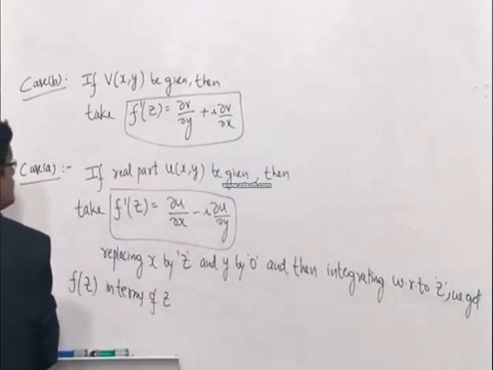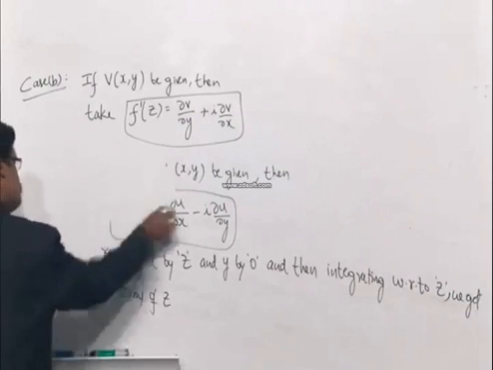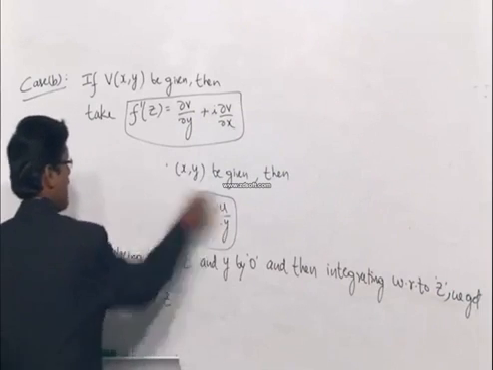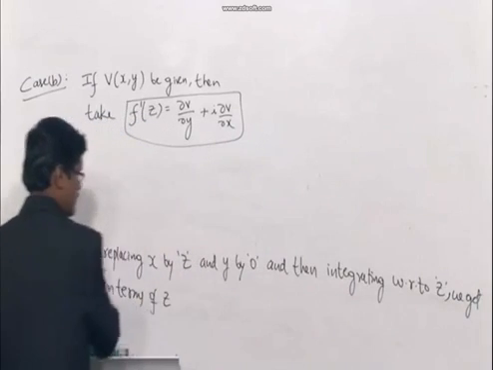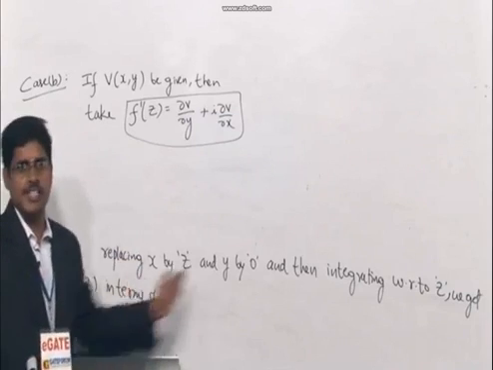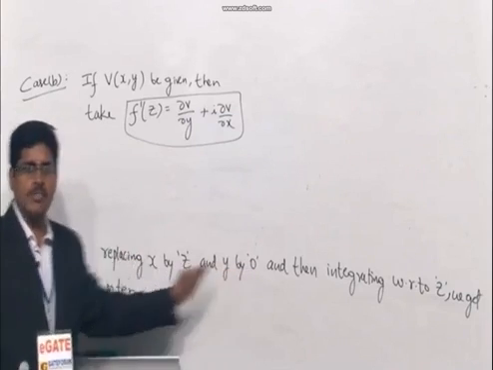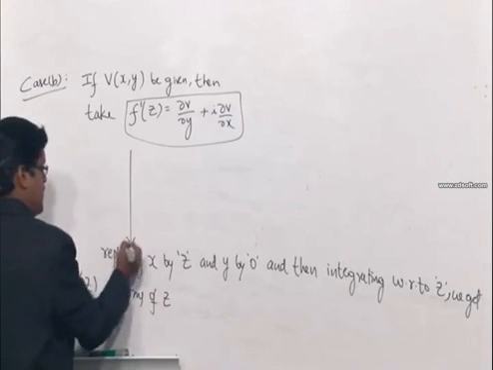And same as above. Copy this, replacing x by z and y by 0, then by integrating we get f of z in terms of z. Same.